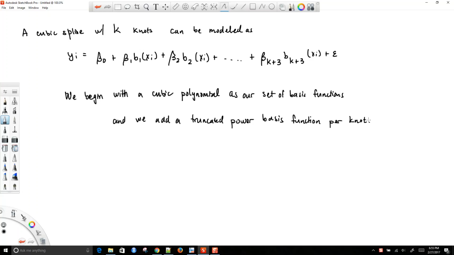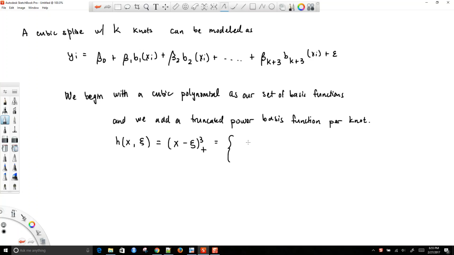The truncated basis function is a function of x, and our cut point is xi. We write it like this, and it looks kind of funny. This little plus here means that this only exists when x is greater than xi.